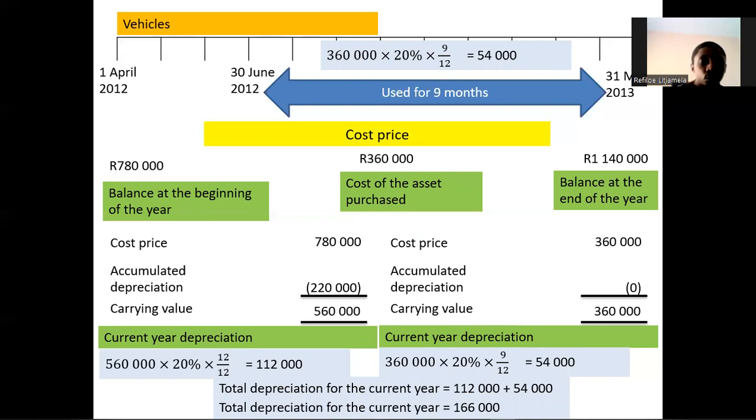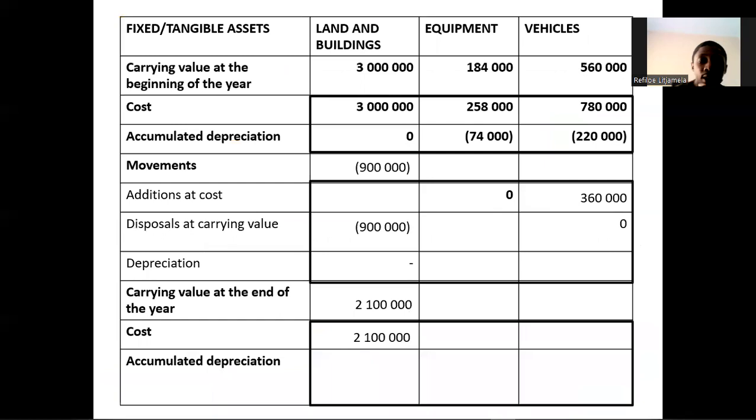Now, the total depreciation on all vehicles for the year will be recorded in your tangible asset note. That is why for depreciation, I have 166. Okay, my movement under vehicles will be 360 plus negative 166, and that will be 194.